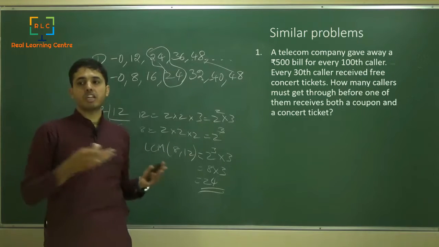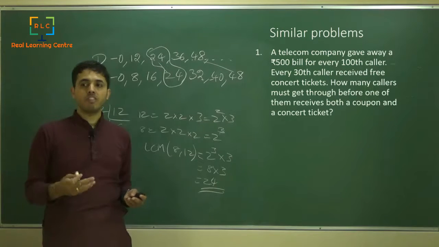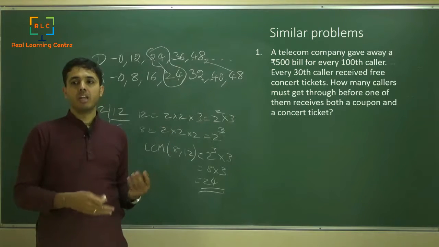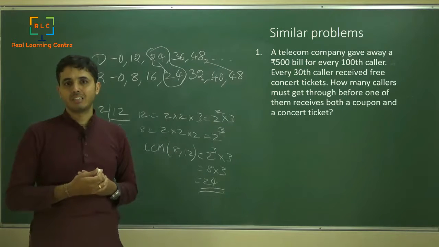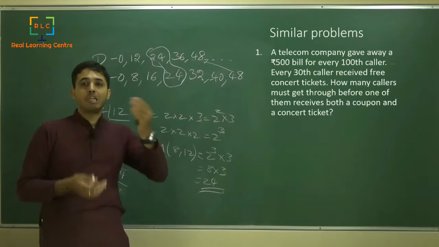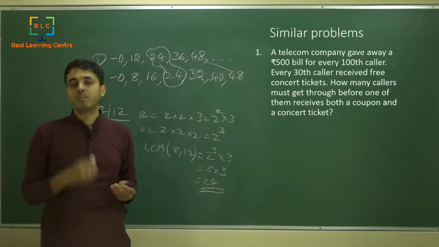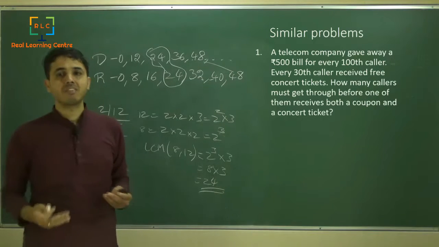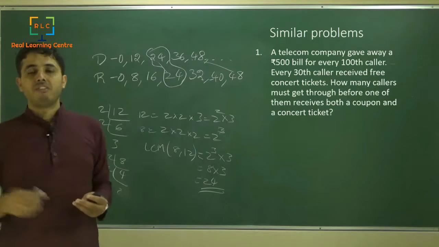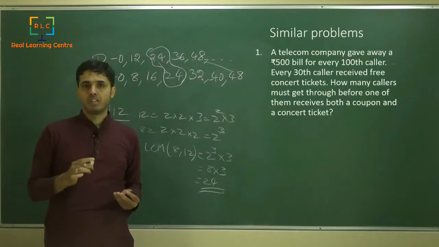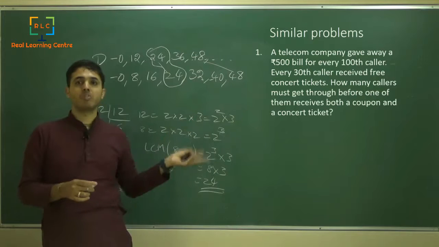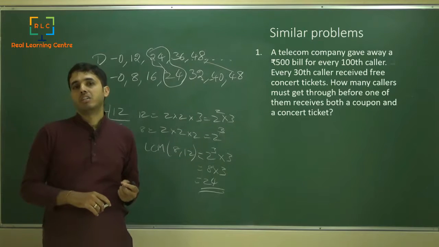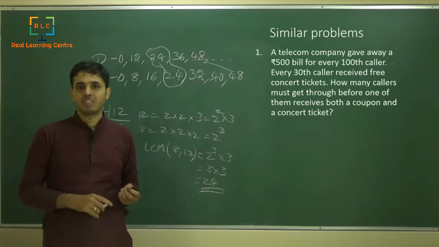How many callers must get through before one of them receives both a coupon and a ticket? Again the common multiple here. Multiples of 30 will get a movie ticket, multiples of 100 will get a gift coupon. Find that particular caller number who will get both a movie ticket and a gift coupon. So the task is left to you to solve.